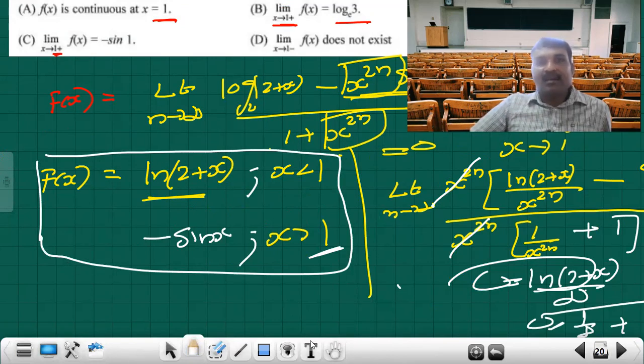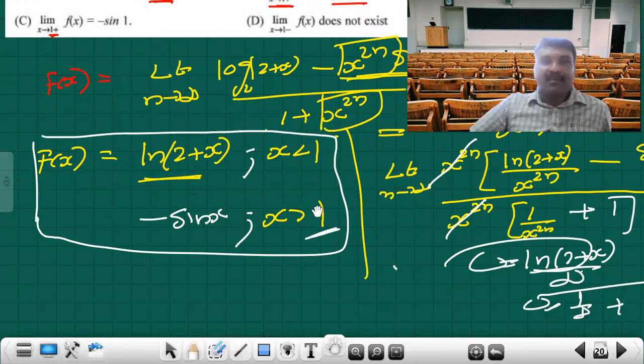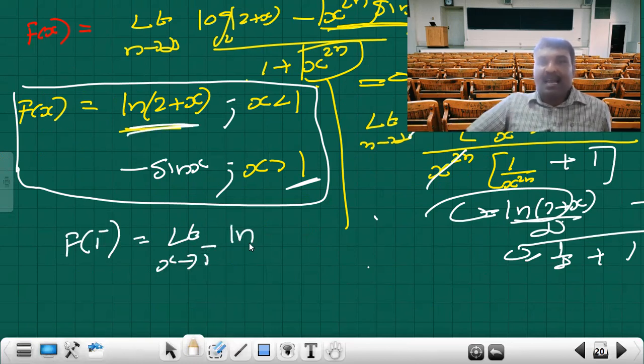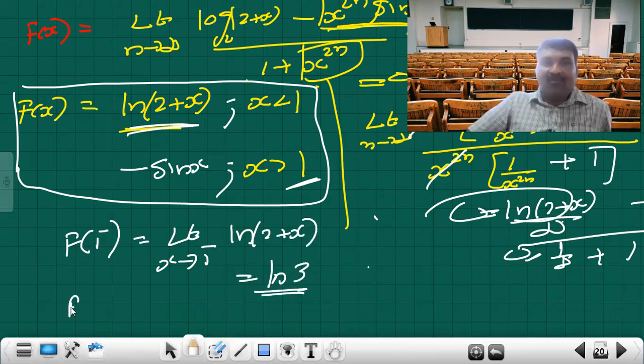Now we can evaluate. What is our left hand limit? Our left hand limit is f of 1 minus, that is limit x tends to 1 minus. The function is ln 2 plus x, that is equal to ln 3. And f of 1 plus is equal to minus sin 1.